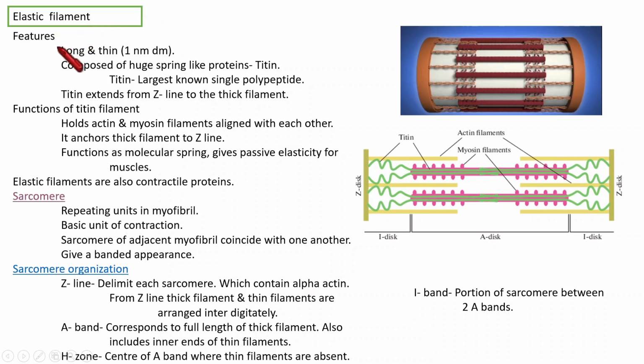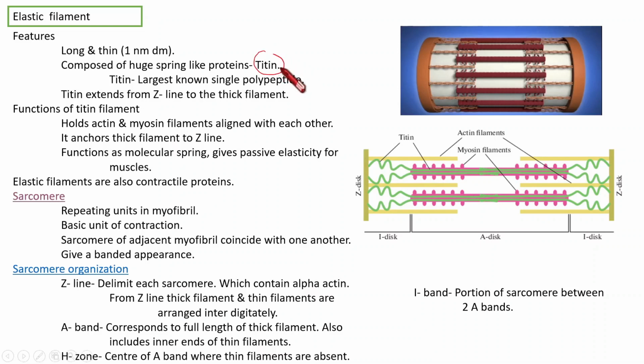What are its features? It is a long and thin filament of 1 nanometer diameter, and it is composed of huge spring-like proteins. This is one protein, this is another protein. What's the name? It is called titin. So titin forms the elastic filament.